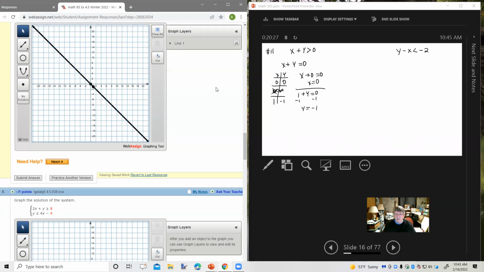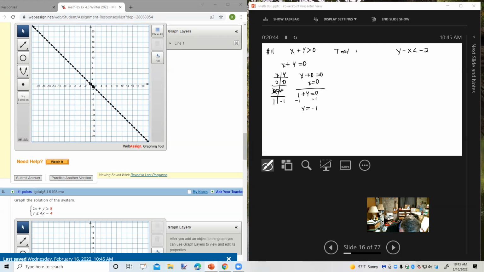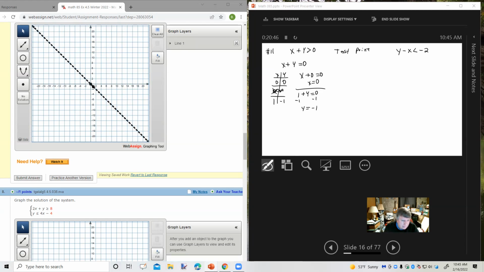Okay, and this does not include equals, so this is a dashed line rather than a solid line. Also, I can't use 0, 0 as a test point because this goes right through the origin. So let's see. How about, well, let's use 10, 10 again.